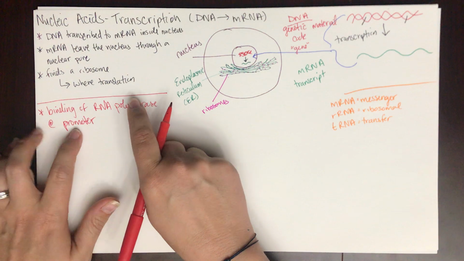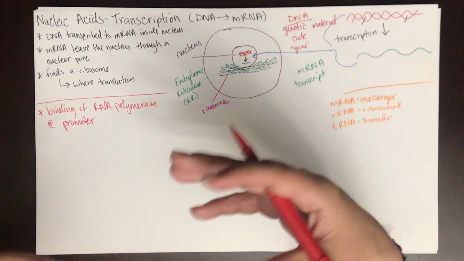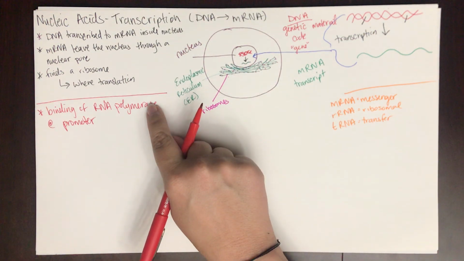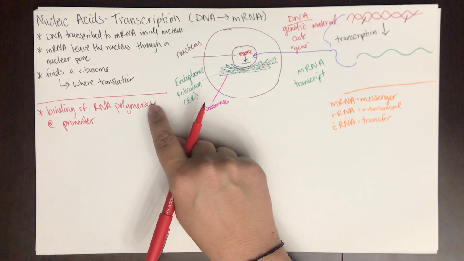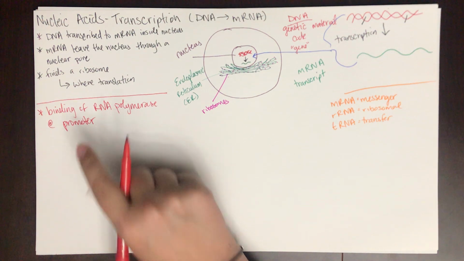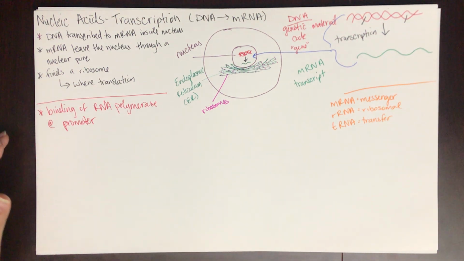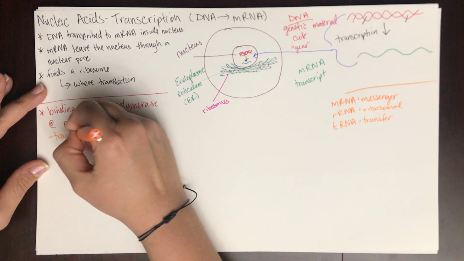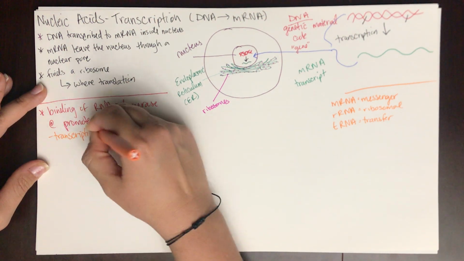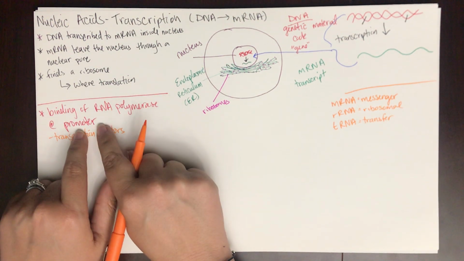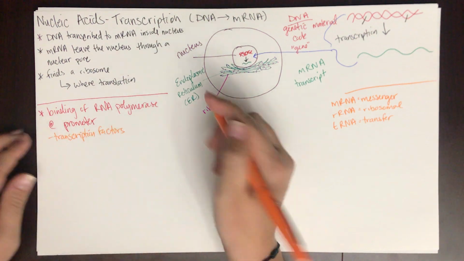RNA polymerase is actually called a holoenzyme, meaning it's made up of a lot of different enzymes. This RNA polymerase is recruited to the promoter by something called transcription factors. Transcription factors recruit the RNA polymerase to the promoter.